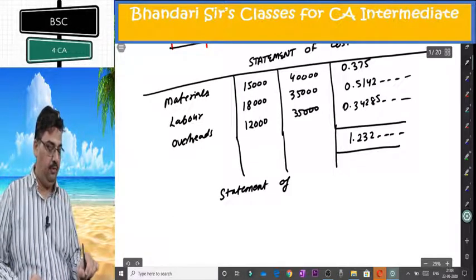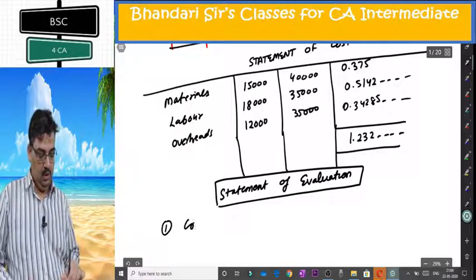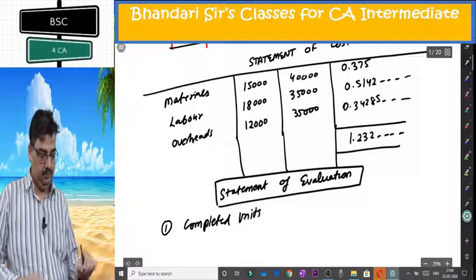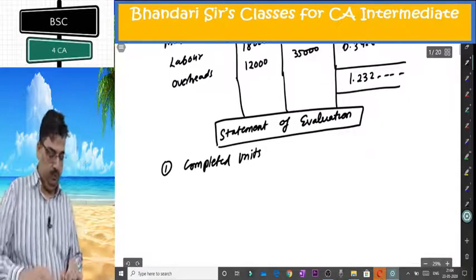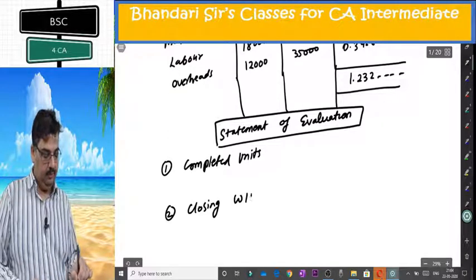Statement of evaluation. What evaluations do I want to do? Number 1, completed units, and number 2, closing WIP.